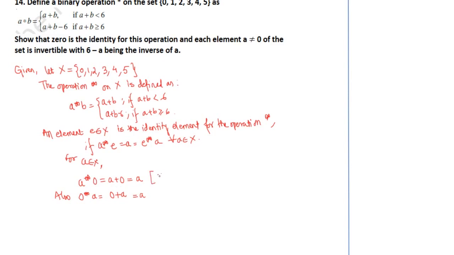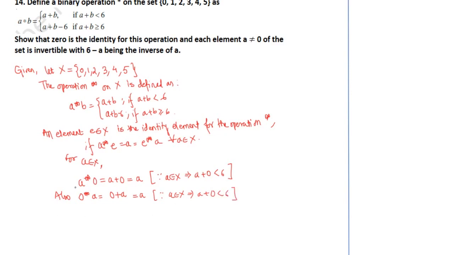Clearly, since a belongs to X, a plus 0 is always less than 6 because the set X consists of elements up to 5. So a can never exceed 5 and hence a plus 0 will always be less than 6, and similar is the case here.